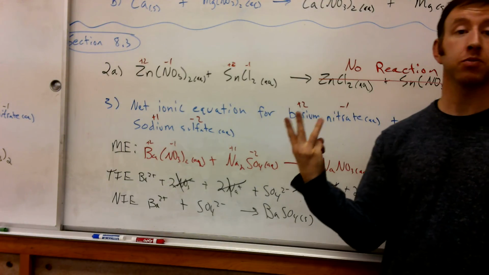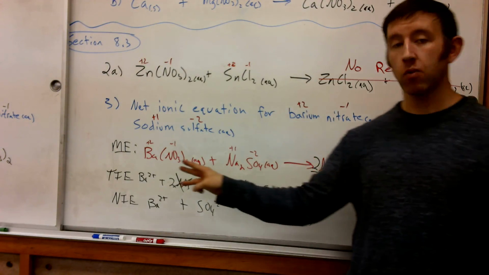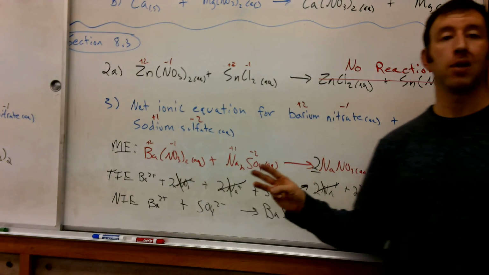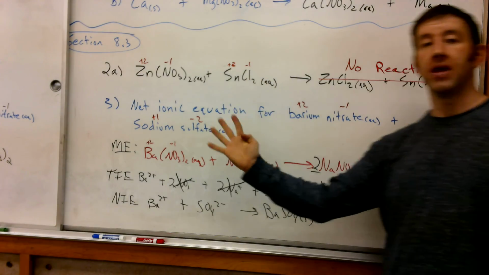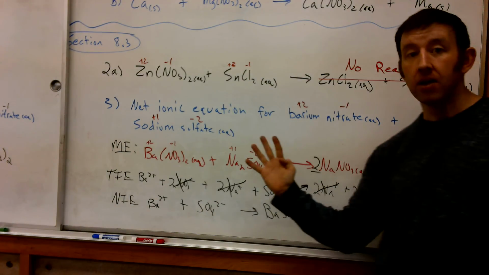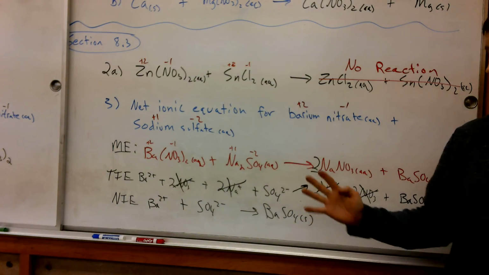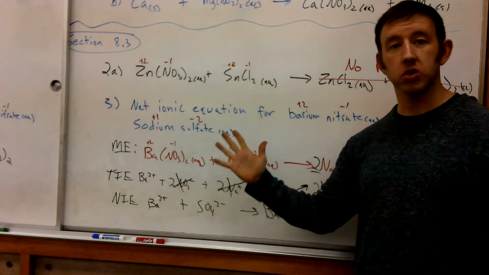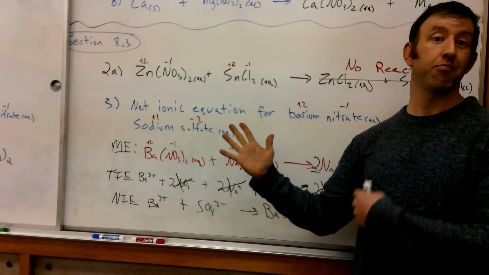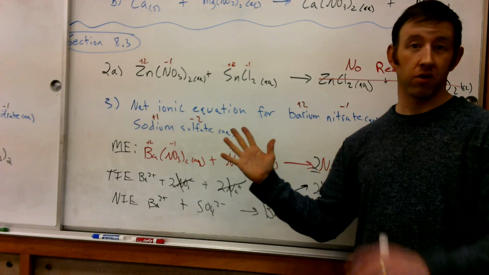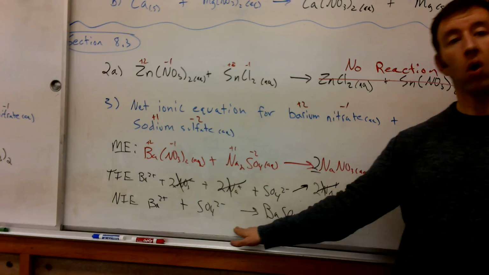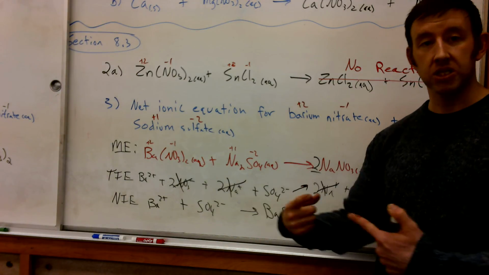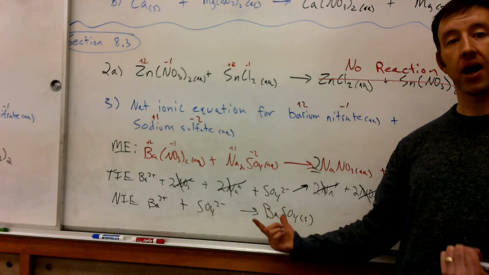Once we have a balanced molecular equation, we identify which are aqueous, and we write the ions for those aqueous solutions. Then we do that to both sides. And then we go back and look: some of these ions are the same on both sides. If that's the case, that means they're not even part of that reaction. So let's get rid of them, and then we rewrite our equation to show only the ions that are participating in the reaction. That's our net ionic equation.